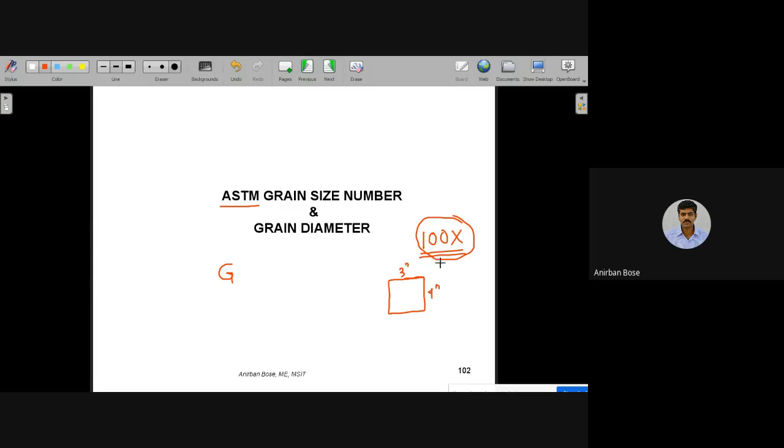Remember, these measurements are at 100 magnification. So 3 inch and 4 inch, that means we are observing what? We are observing 12 inch square, right? We are observing 12 inch square.